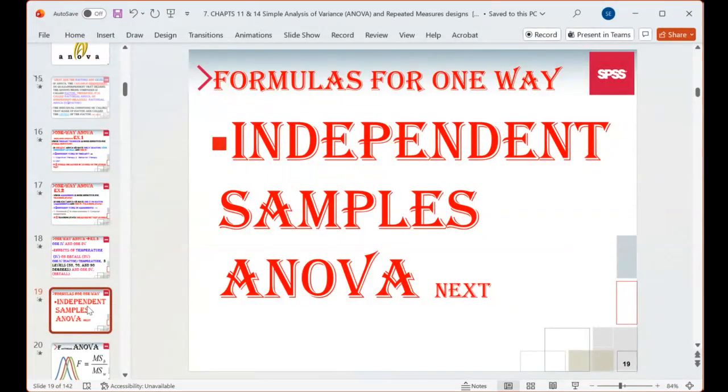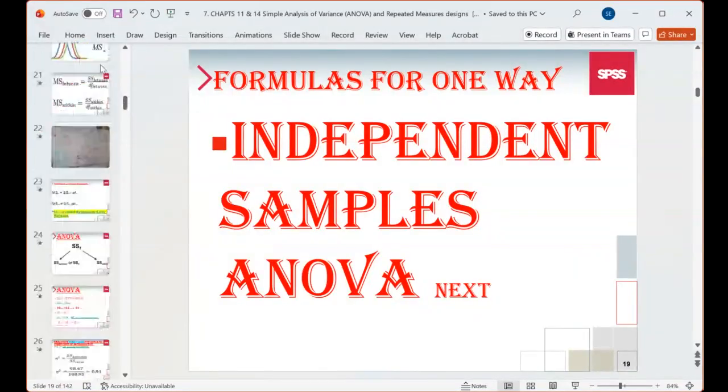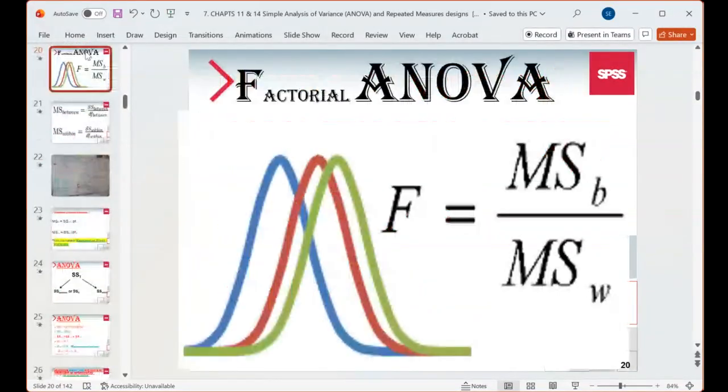So let's focus on independent sample ANOVA. Again, in this case, you can have multiple treatments. Let's say if you have three, so you get three different distributions. Well, null says that they are all the same. That means back to our example, therapy techniques, null says there's no difference between all these therapy techniques.